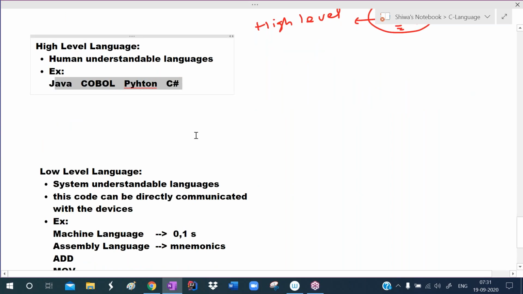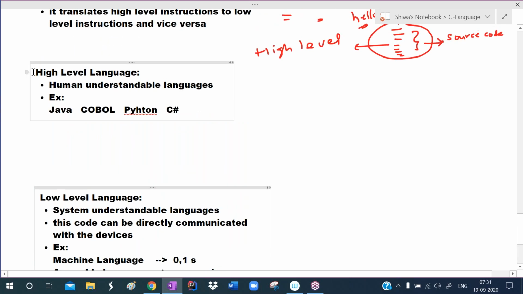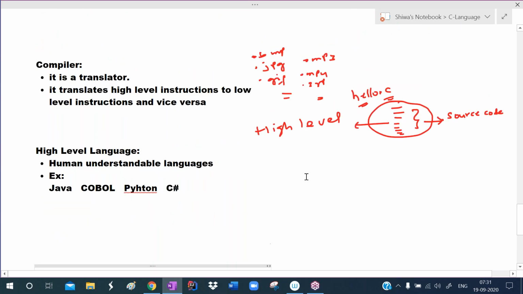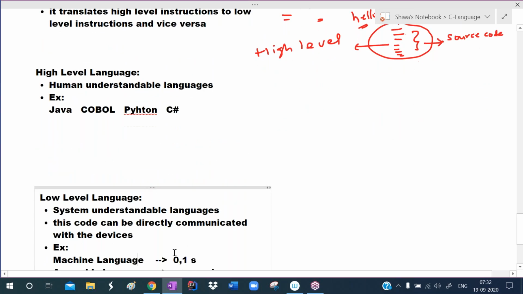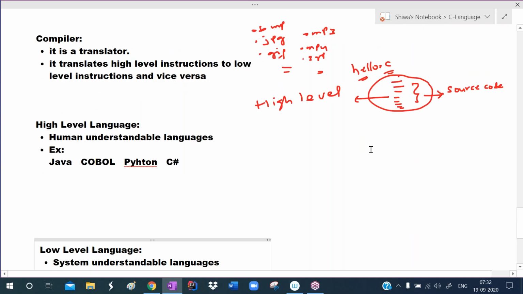Human friendly languages. Machine language and assembly language are the low level languages. So our language is high level language, computer language is low level language, zeros and ones.